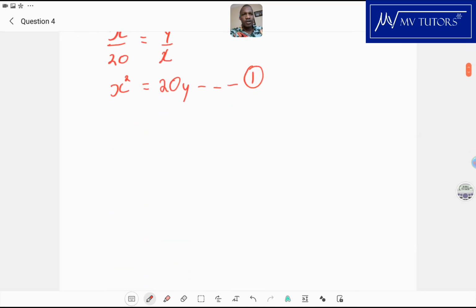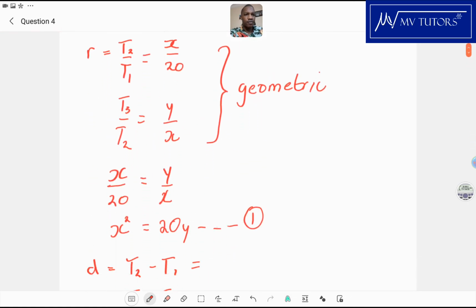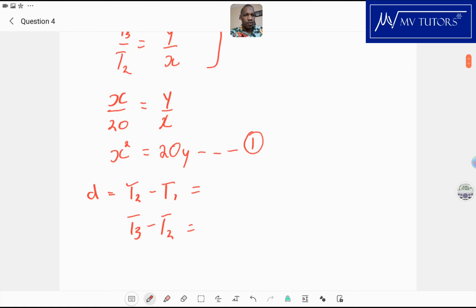Now the common difference for arithmetic is given by term 2 minus term 1, but also term 3 minus term 2. Okay, let's start with this one. Term 2 is y, and term 1 is x.